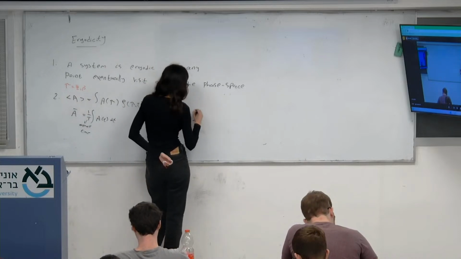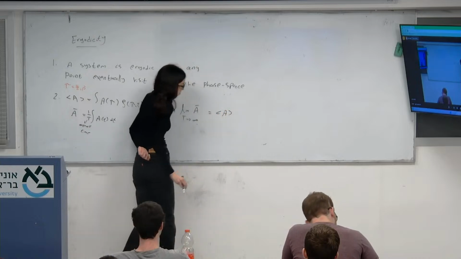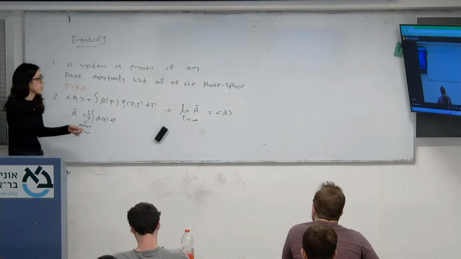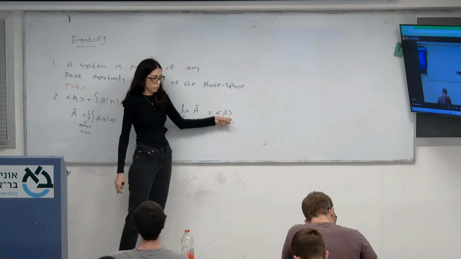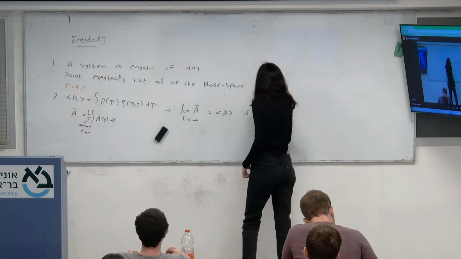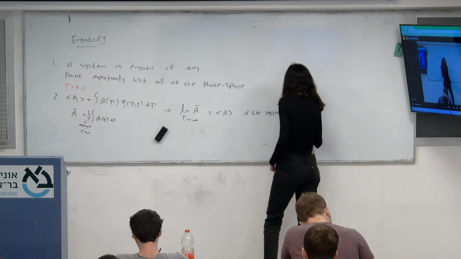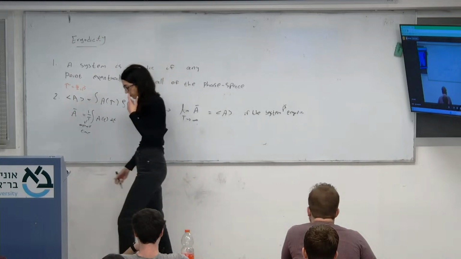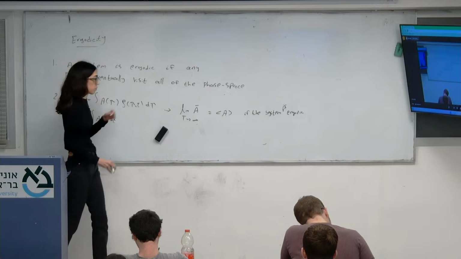So A will be equal to, in the limit where time goes to infinity, the average over time is going to converge to the average over the ensemble. So if you go back to the free particles, we have a particle in a box.